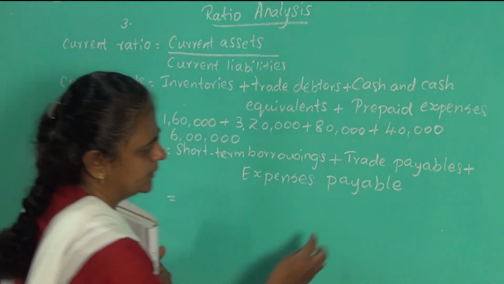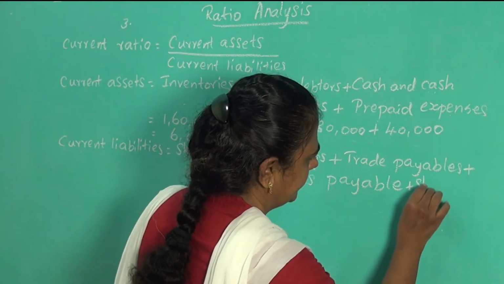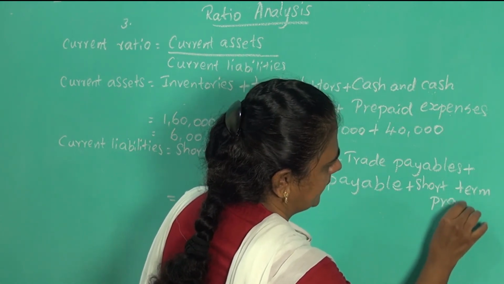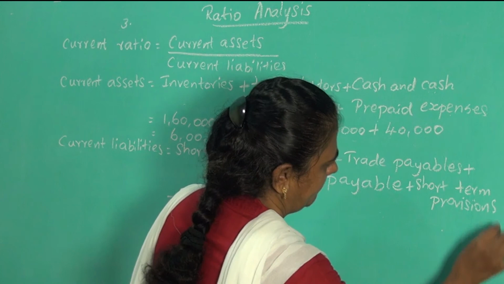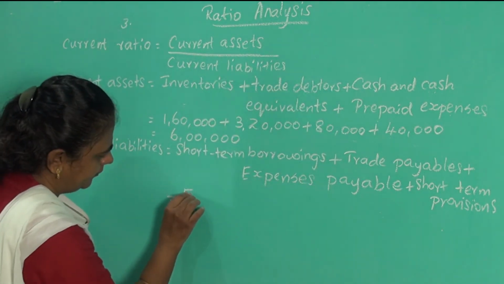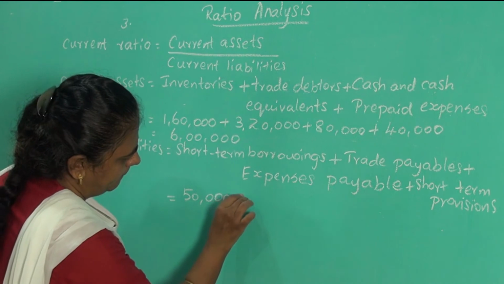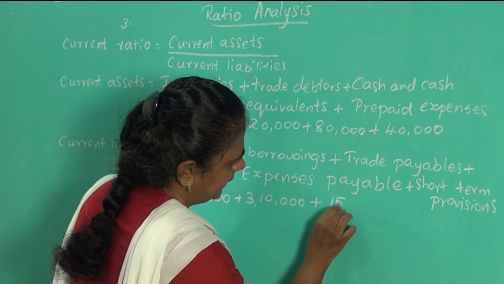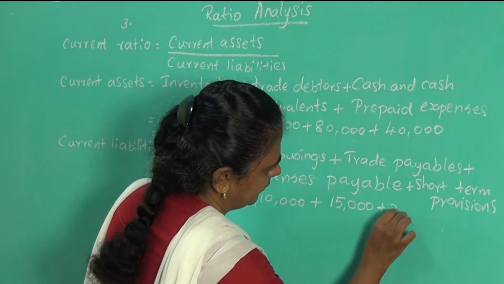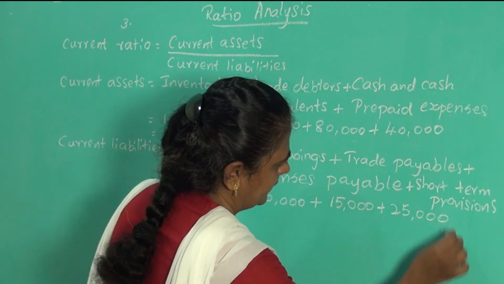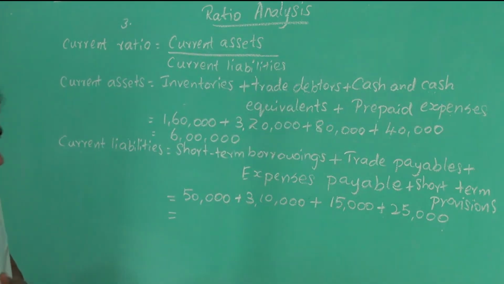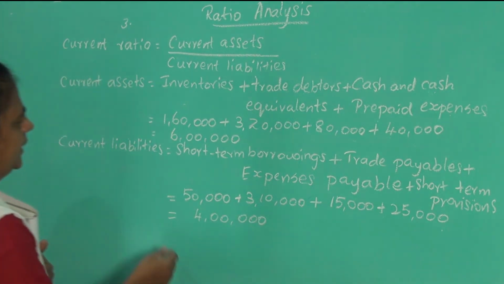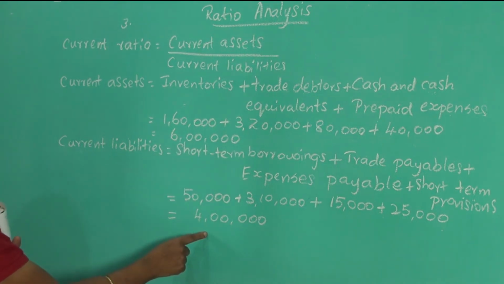Okay. Plus short term provisions. All these are current liabilities. Okay. 50,000 plus 3,10,000 plus 15,000 plus 25,000. Okay, so add all that, you will get 4 lakh. Current liabilities 4 lakh. So current assets is 6 lakh, current liabilities is 4 lakh.